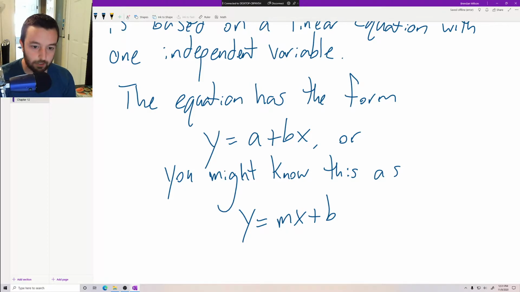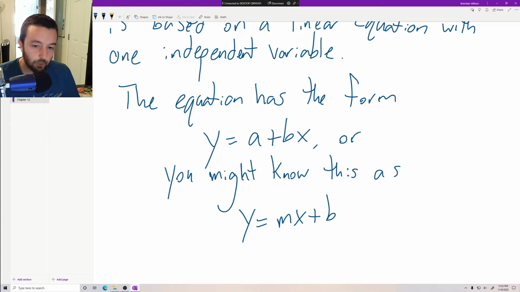But it's important to note that it's used differently in statistics than you might have seen it in college algebra if you took that class, where you see the y equals mx plus b. If you recall, m is the slope and b is the y-intercept. So in the equation up above, the b is the slope and the a is the y-intercept, because the slope is the thing on the independent variable, and the y-intercept is the thing by itself. So those are going to have different meanings for us than we're used to seeing.